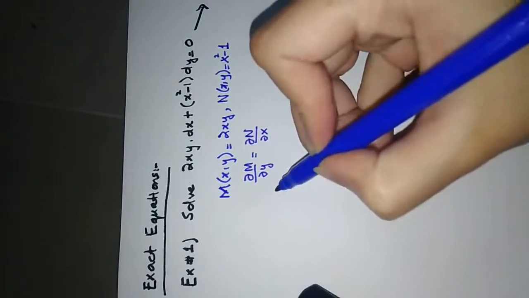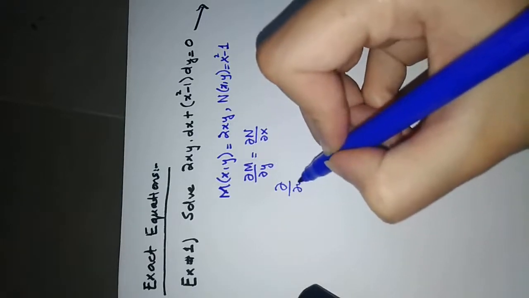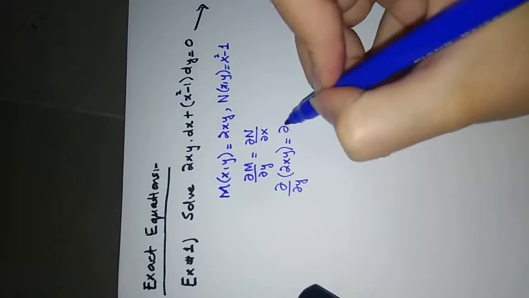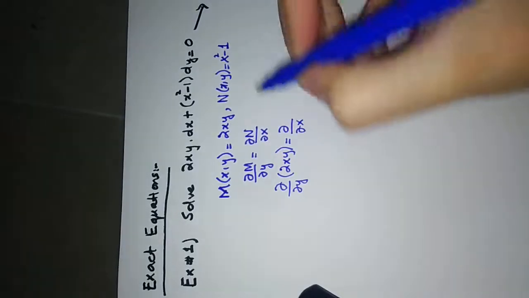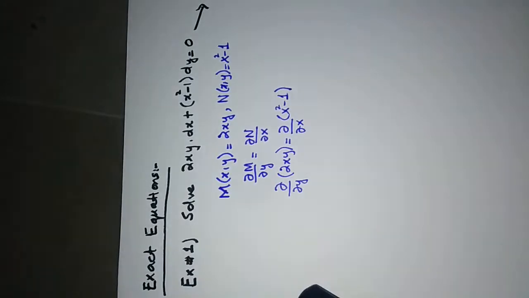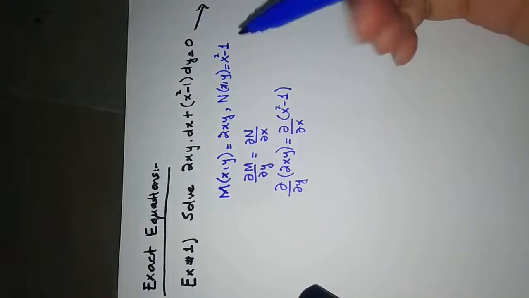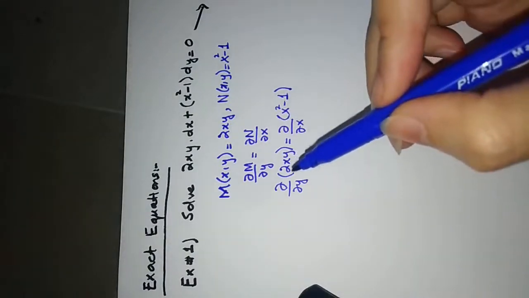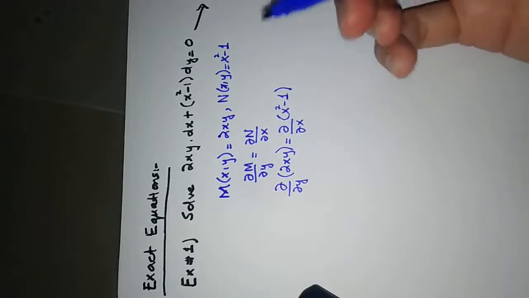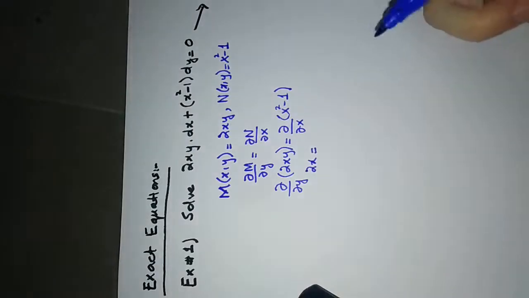So we replace the function M: partial by partial y of 2xy, and the function N: partial by partial x of x² minus 1. Partially differentiating, x is a constant and we only differentiate y, which is y to the power 1, so the derivative is 2x, right?